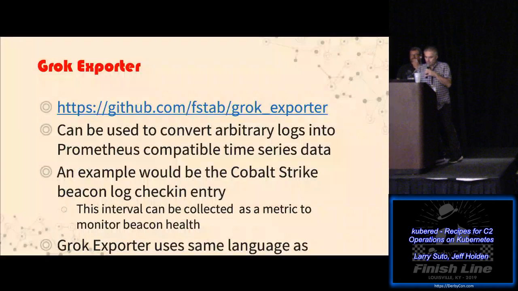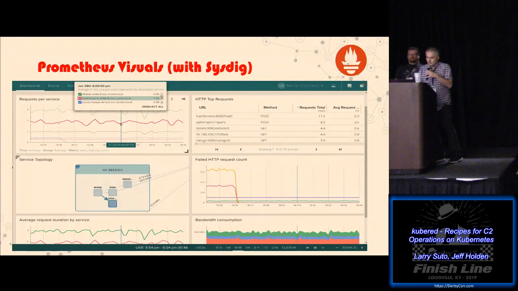Yeah, so if that particular C2 server doesn't support Prometheus, you can use Google mtail, which is basically a way to extract time series data from a log. And then you can also use Grok Exporter, another way to pull this time series data into Prometheus.